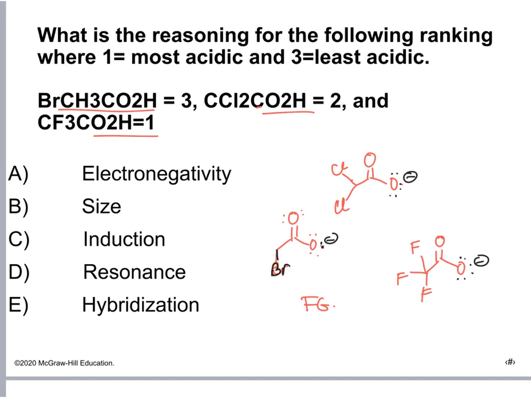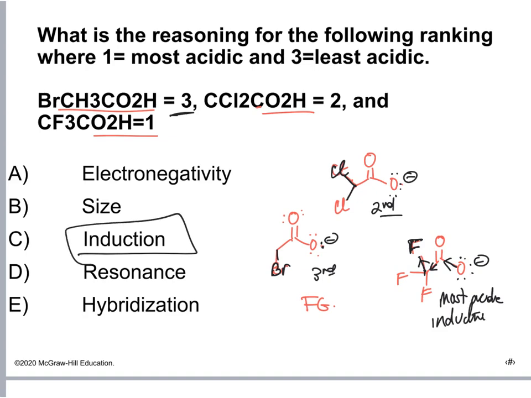This one has one bromine, this one has two chlorines, this one has a fluorine. So this is going to be your most acidic, with two. And then this is your third. This is your second. So even though this is electronegativity, because it's pulling through these 1, 2, 3 sigma bonds, this is called inductive.